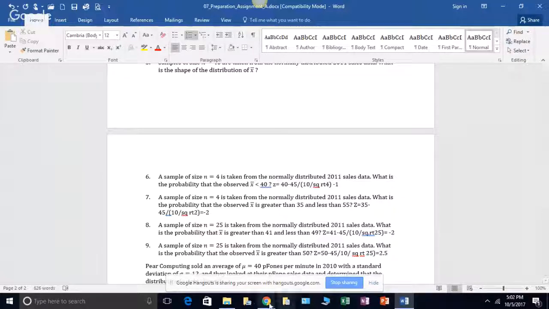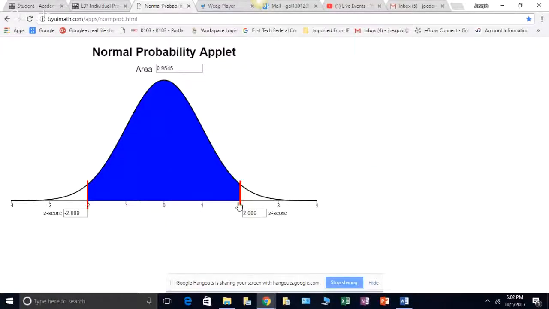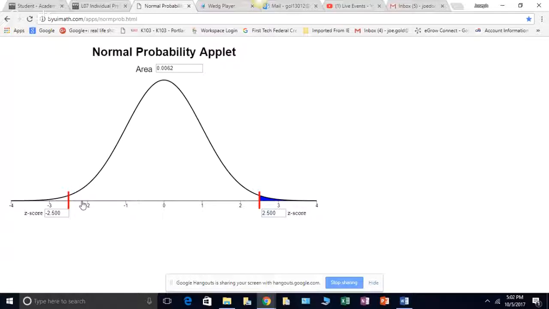So then let's go back to the applet right there. Put it in positive, because they want to know what is greater than. So you have to go this one. There it is.